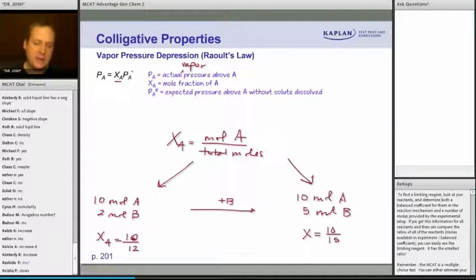Over here, it becomes 10 fifteenths. Now 10 twelfths, that's 5/6. 10 fifteenths, that's 2/3.